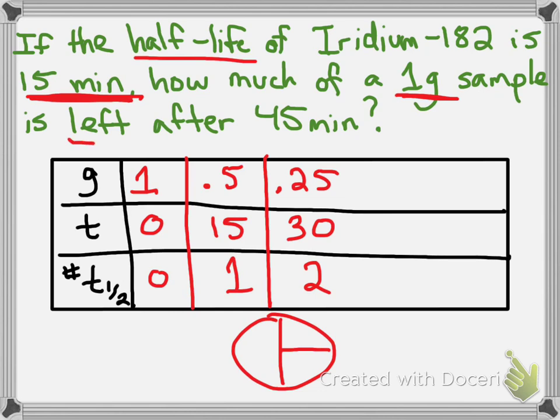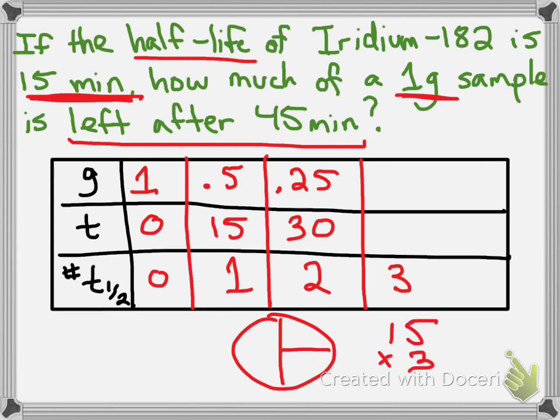The question asks, how much is left after 45 minutes? I'm not at 45 minutes yet, but if I go to 3 half-lives, 1 half-life is 15 minutes, so 3 half-lives would be 45 minutes. You can think of it as multiplying the length of the half-life times the number of half-lives, or adding 1 more half-life every time.